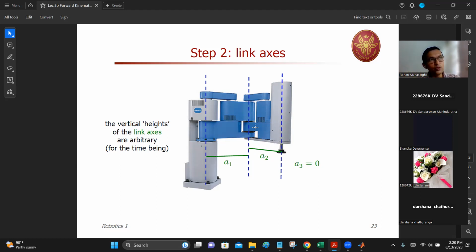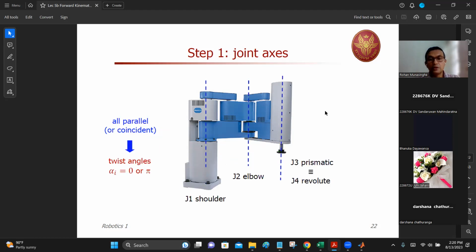Now, from this point onwards, over here you have Z2. Along this axis you have Z2, and along the same axis you have Z3 as well. Can I go back and show you? Here you can see this is J2, this is J1.